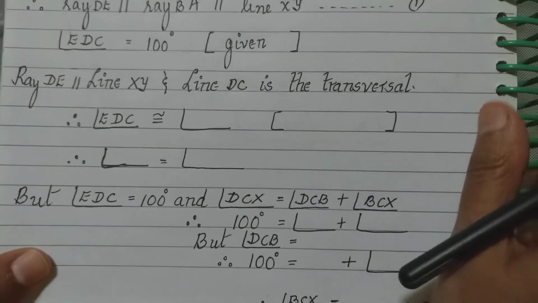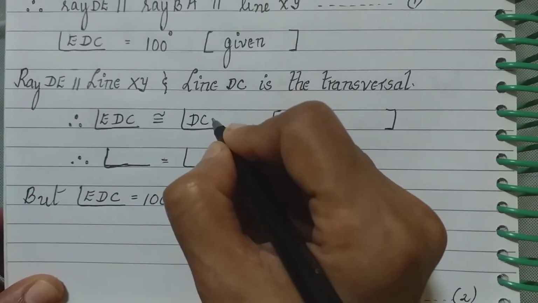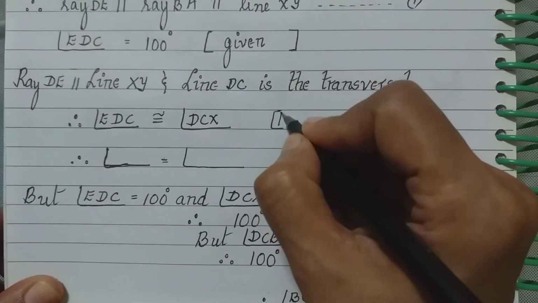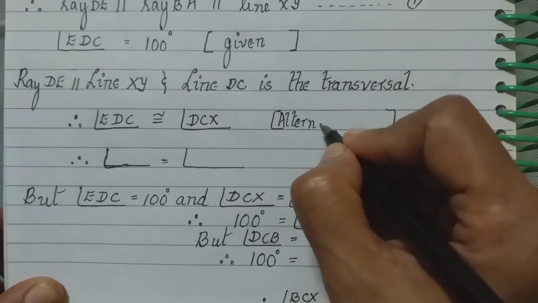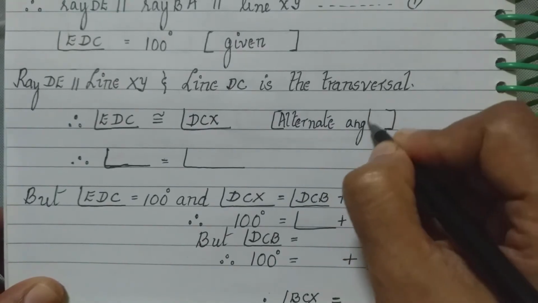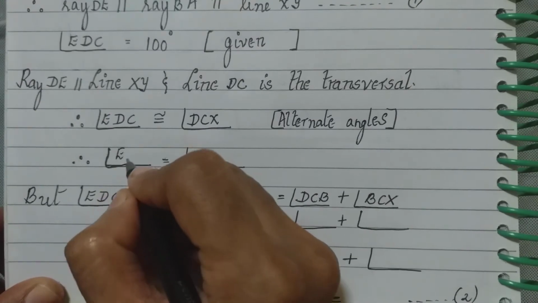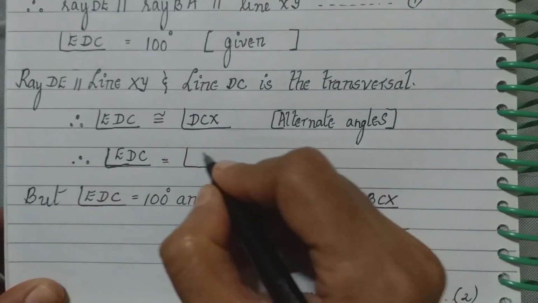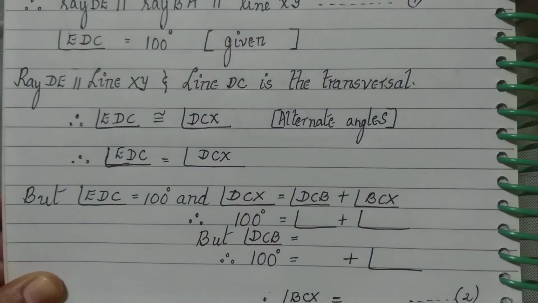So you have here angle EDC congruent to angle DCX. Why? Because they are alternate angles. And if they are congruent to each other, the two angles are also equal to each other. Their measures will be the same. Therefore, angle EDC is equal to angle DCX.